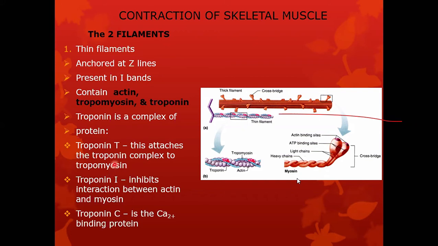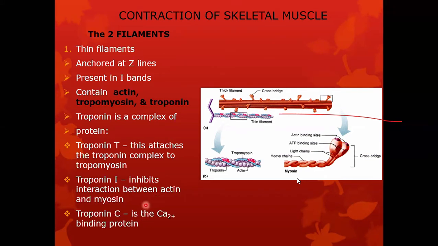Troponin T attaches the troponin complex to your tropomyosin. And troponin I inhibits the interaction between the actin and the myosin. Troponin C is the calcium binding protein, where the calcium will bind.